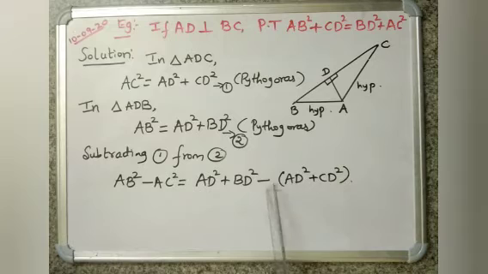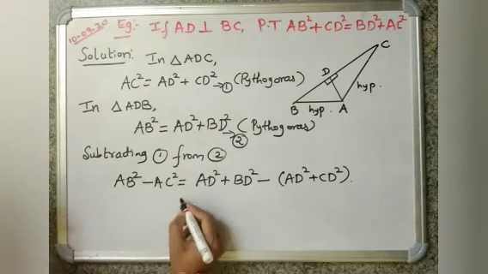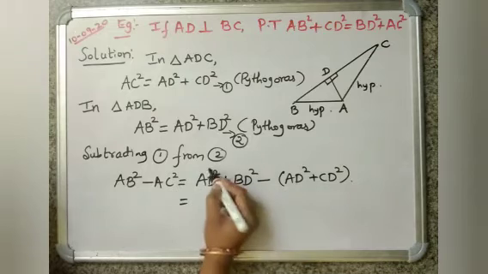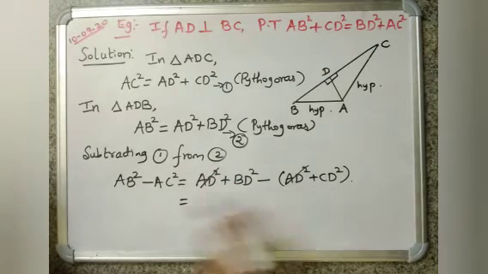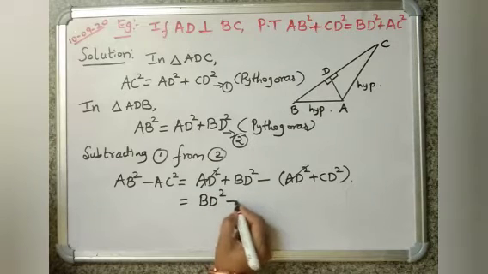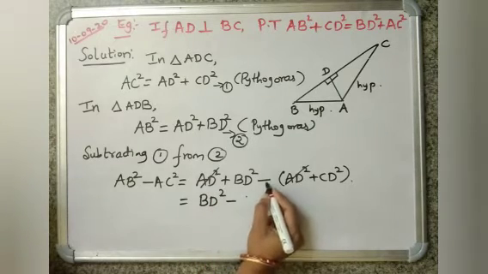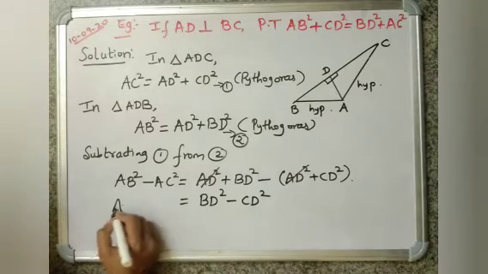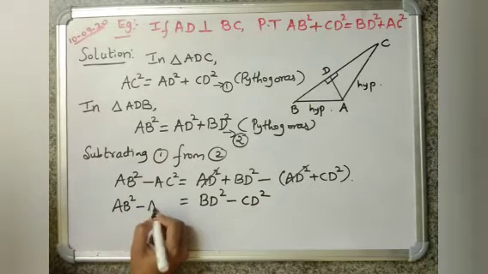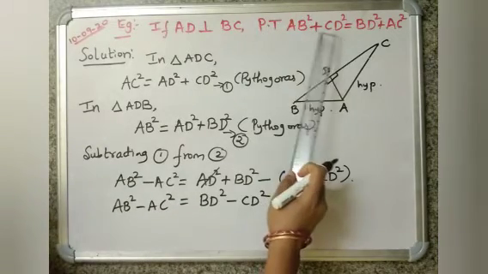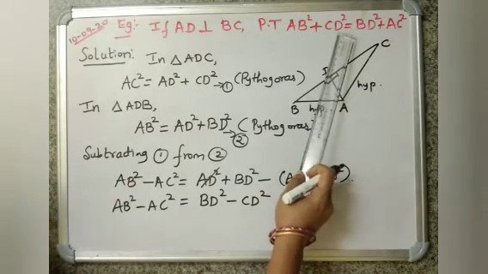Now let us see what happens if you remove the bracket. Can we cancel AD square and AD square? Yes. So the remaining things are BD square, and this minus into plus, that is minus CD square. Here it will be the same thing, AB square minus AC square. Now we want AB square plus CD square.